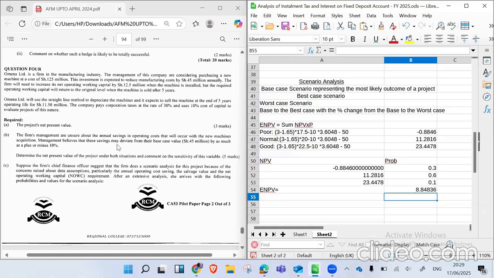So sensitivity, remember, is how NPV is affected by a change in a decision variable. So currently we have the NPV of part A. If you increase by 10%, NPV will change by what percent?